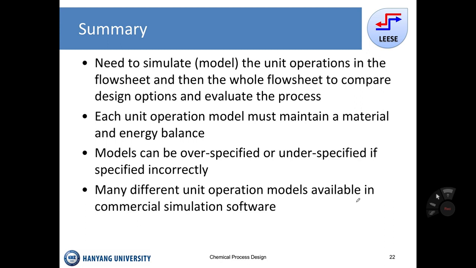Also, more than one unit is involved, such as the separator and the reactor. So with the support of automated simulation, software will be inevitable. It is logical to use commercial simulation software for large-size problems.